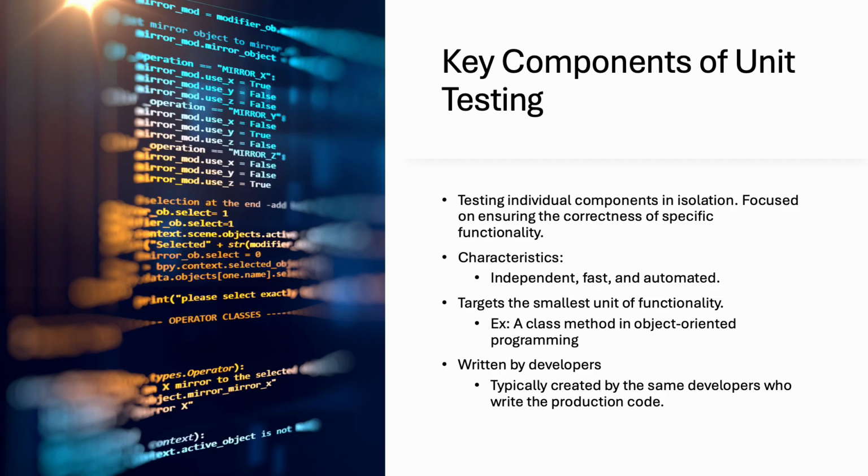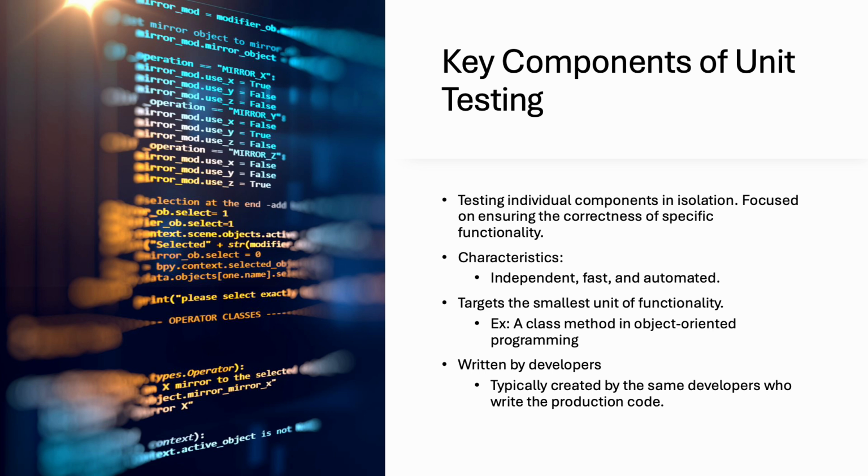So, unit testing focuses on the smallest parts of a program to ensure they work as intended in isolation. Each unit test is independent. This ensures that failures are easy to trace back to a specific issue.